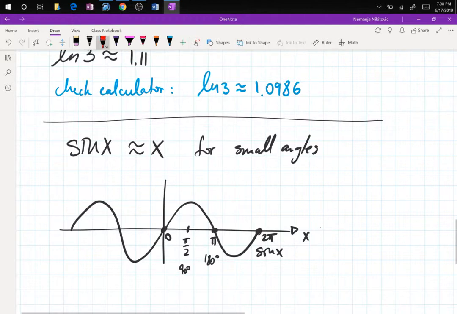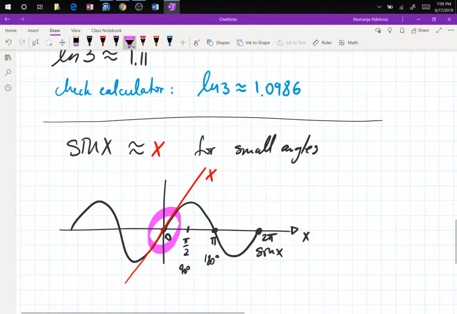If I am to draw function x, which is red, you see that the black and the red line match and go together around 0. Do we all see that?